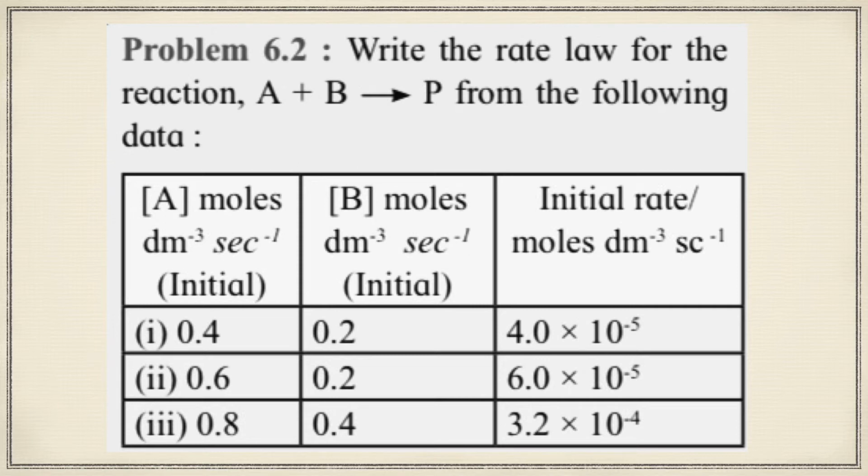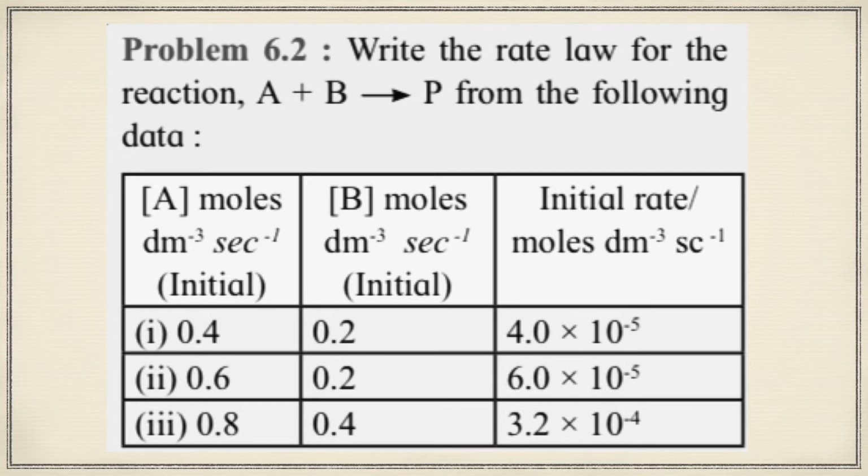Now how can we find it out? The first thing to understand is that A plus B is given, those are the reactants, and P is the product. While writing the rate law, we only consider the reactant side. So first we have to write down what the rate law can be.